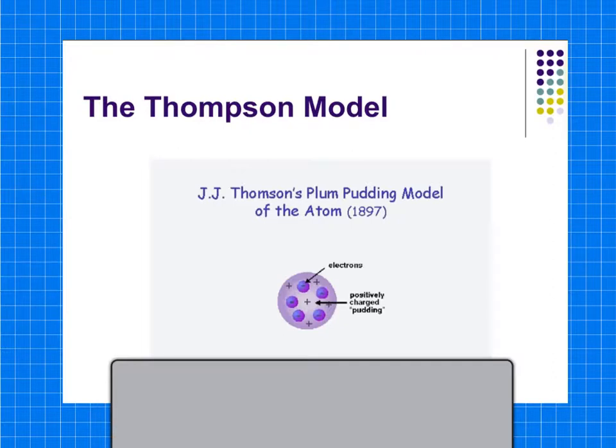He didn't know that they were electrons, but this negative something, like raisins in a plum pudding, with the pudding being positively charged and the raisins being negatively charged. But he didn't know that the electrons were electrons, and he didn't know what caused the positive charge.